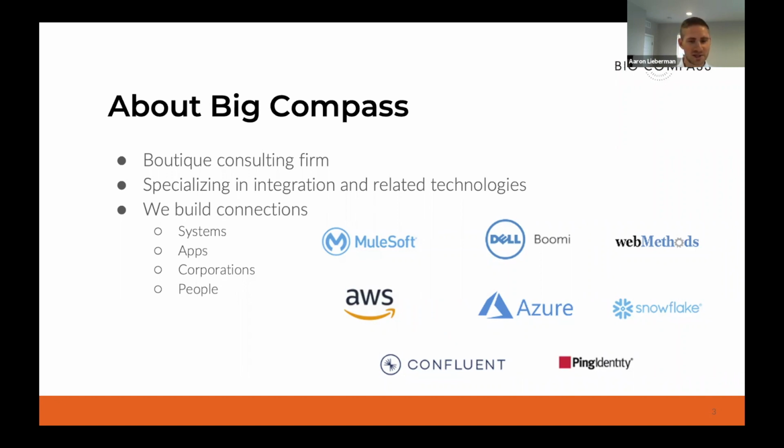And what we really specialize in is excelling and combining those technologies and bringing an unbiased approach to delivering the right solution for our clients. And we build connections between systems and apps and corporations, and most importantly, people. I think without the connections between people, we wouldn't have much in this world. And I think it's especially important right now in the midst of COVID, while we're all socially distancing.